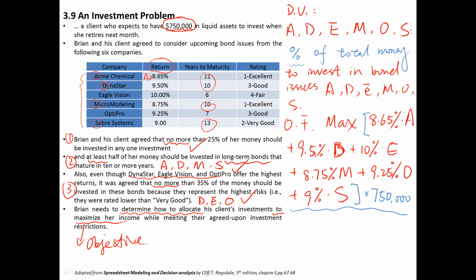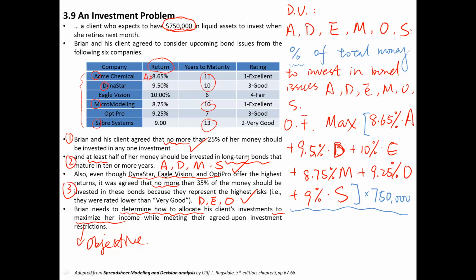Just know that for this objective function, with or without this $750,000 here, it will solve in the same way, because we are just multiplying. It's kind of like amplifying this objective function by 750,000 times. So it will still solve the same way.